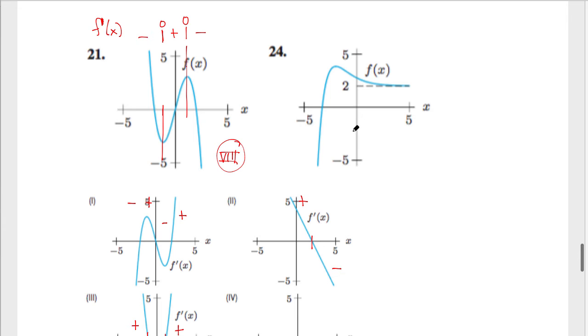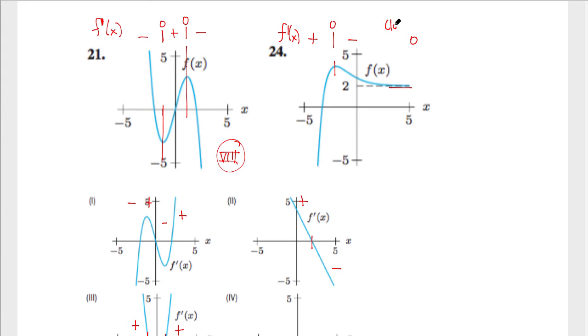So 24, we have a situation where our slope is positive up to this point. So this is f prime. Then our slope is negative for some section, and it gets closer to 0. Right? This slope all the way over here is 0. So it would be 0 somewhere there.